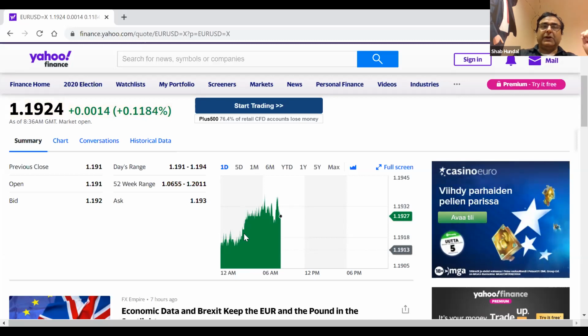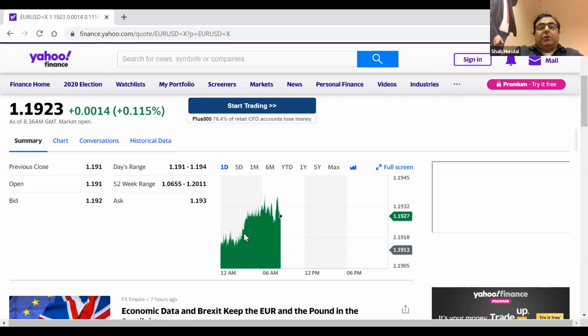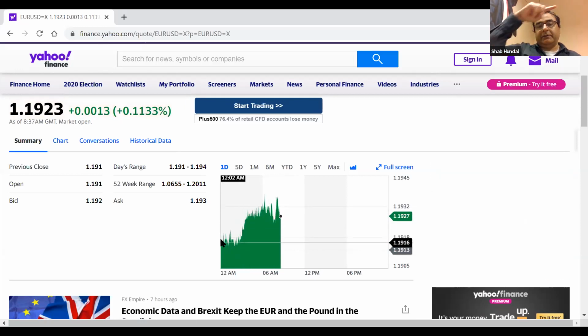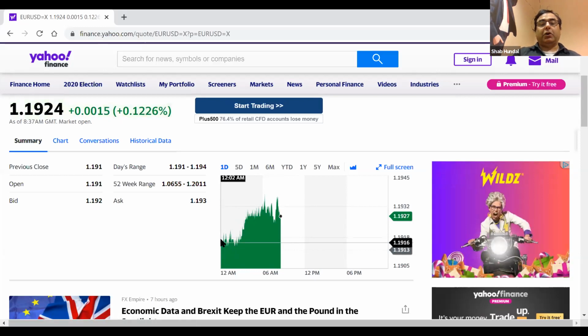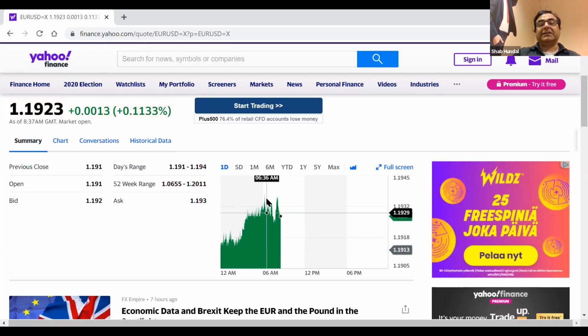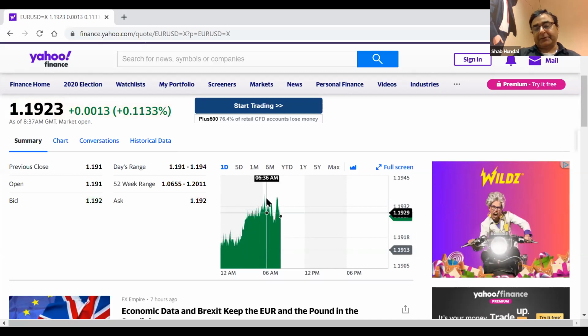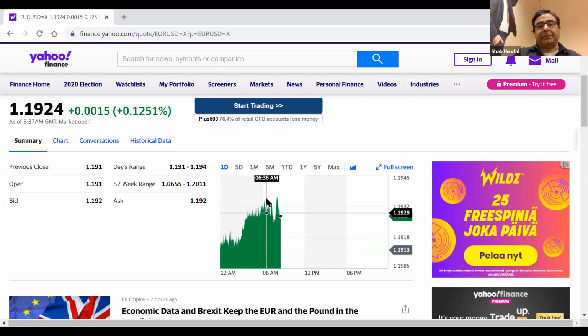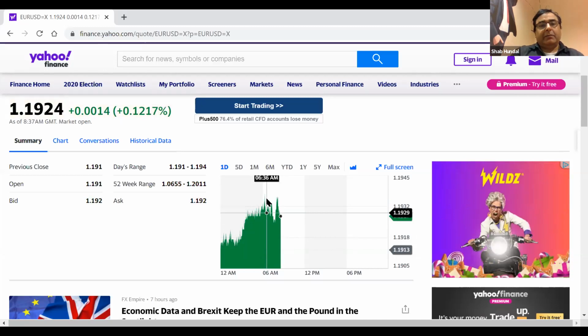So people who are selling to America and getting dollars would be richer today. But those who are buying goods from America and making payments in American dollars would be having a bad time today. So the demand and supply are interacting. I can draw countless demand curves and supply curves from here to here. But basically, why is this price going up? Because it's decided by the market mechanism, the demand curve and supply curve. More demand, less supply, price goes up. Price falls: less demand, more supply, simple.